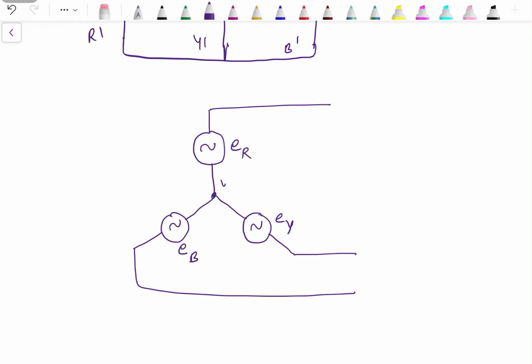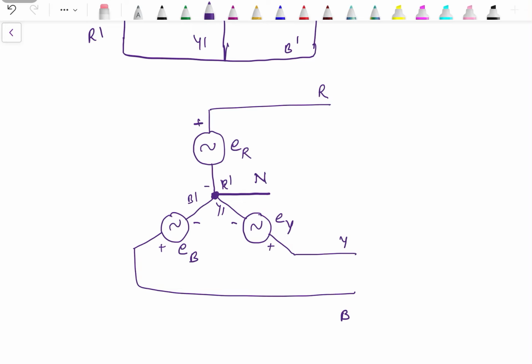These are the terminals R dash, Y dash, B dash, R, Y, B. So this point, which is the interconnection of these three terminals, that is denoted by N, known as neutral. So this neutral point is available in case of star connection. This side is considered as negative, positive, negative, positive, negative, positive.